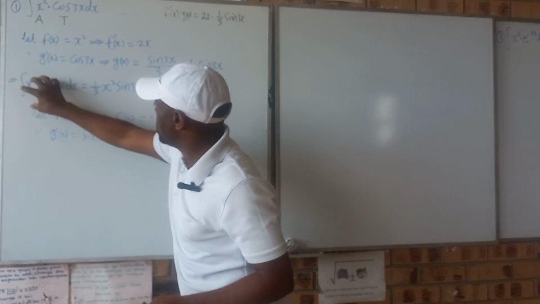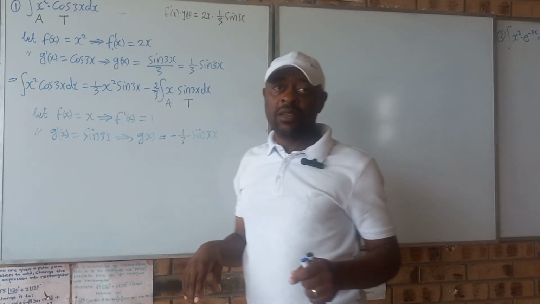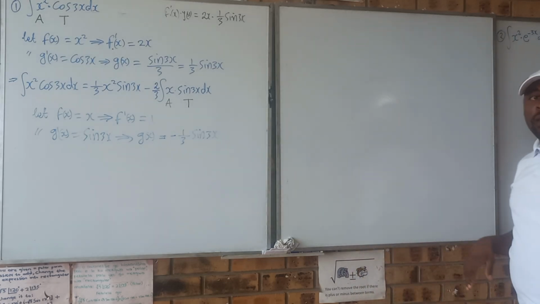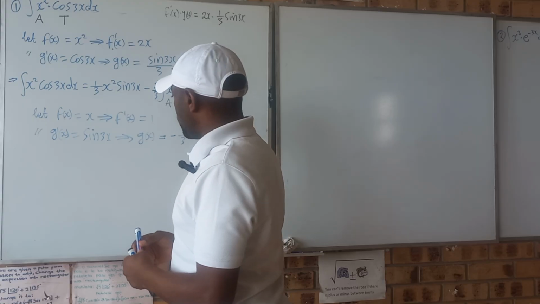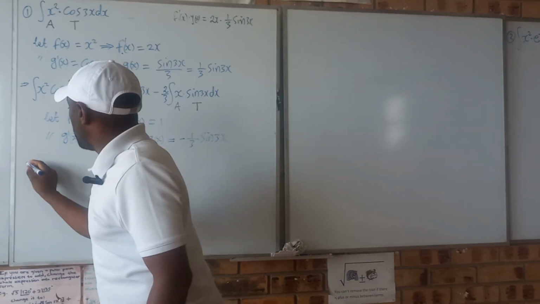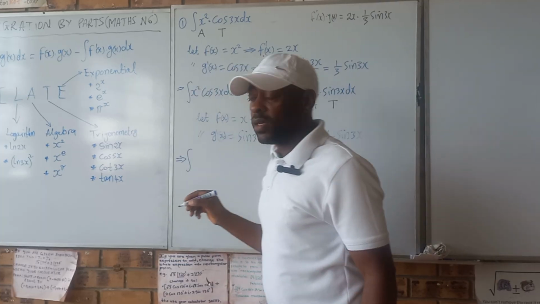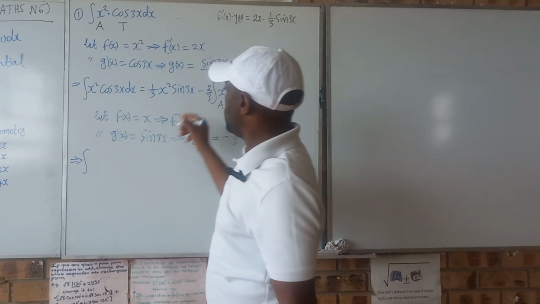So I will recopy my integral until I reach 2/3, then I open the bracket and start integrating by parts again. So in my integral, I'm recopying from the beginning, just as I've written before, up to 2/3.